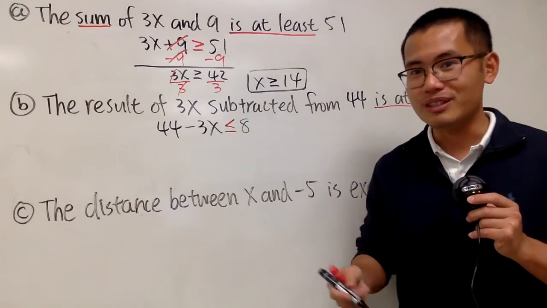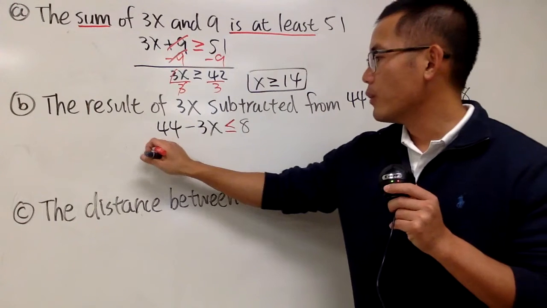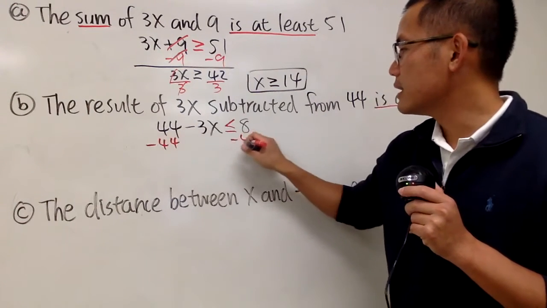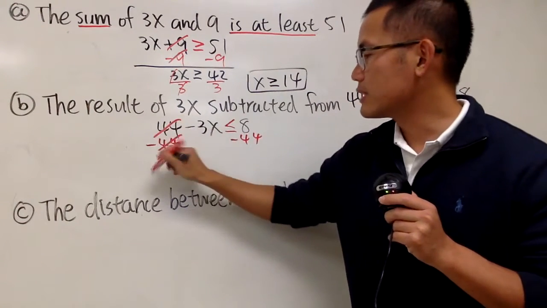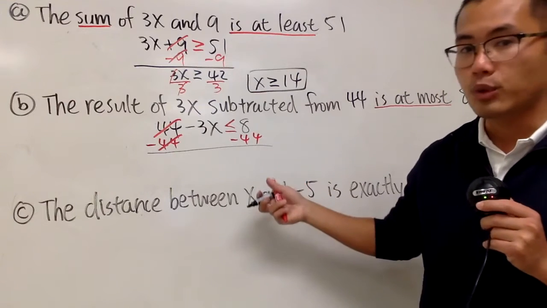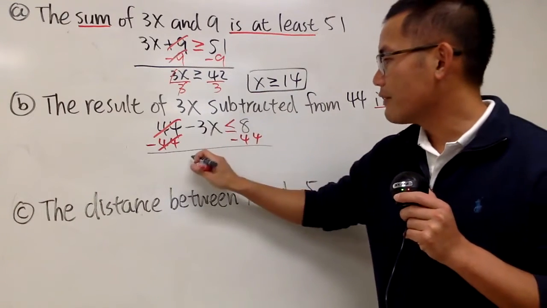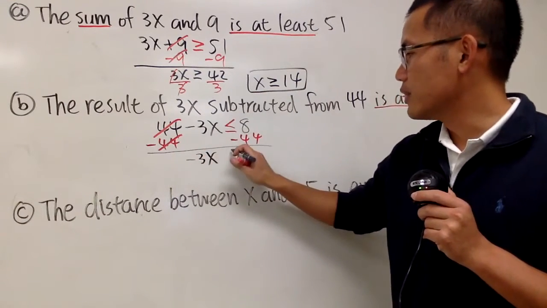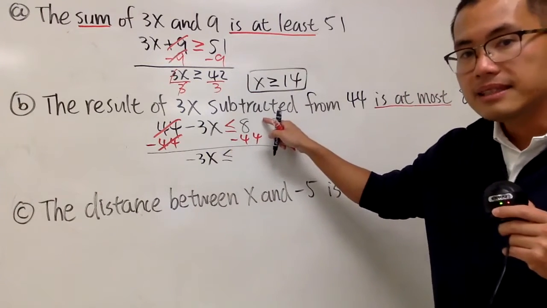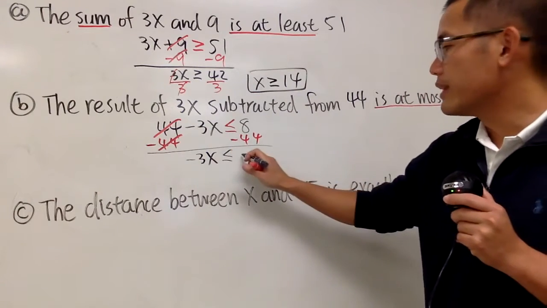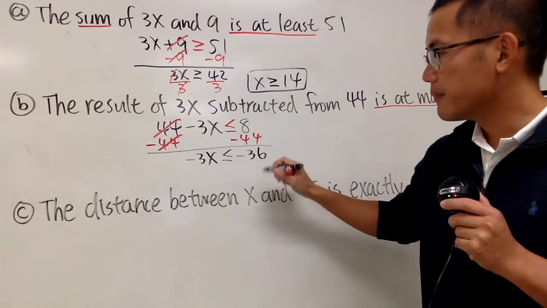And then of course we can go ahead and solve this. Here, we minus 44 on both sides. Again, we are just subtracting, so we don't have to flip the inequality symbol. And we will have negative 3x. This is still less than or equal to 8 minus 44. We will end up with negative 36.